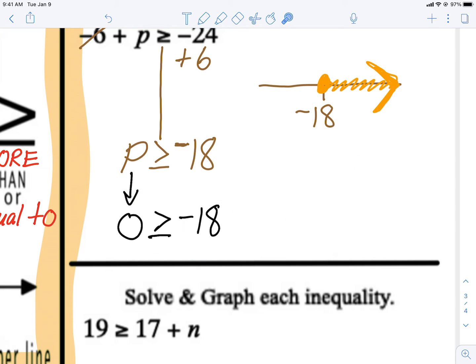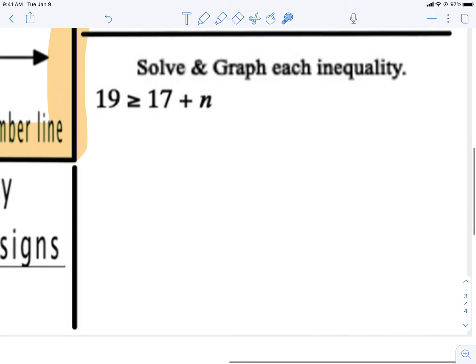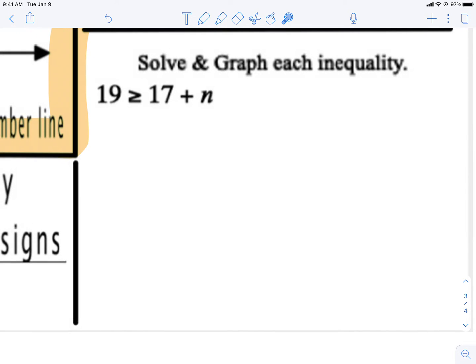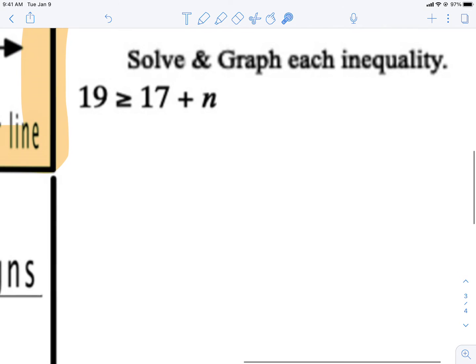In prior equations, it was only one answer that made it true. But here we have lots of answers to make this equation true. Okay? Let's try another example. I know it's a little confusing, but that's okay. So let's try this one out. Okay?